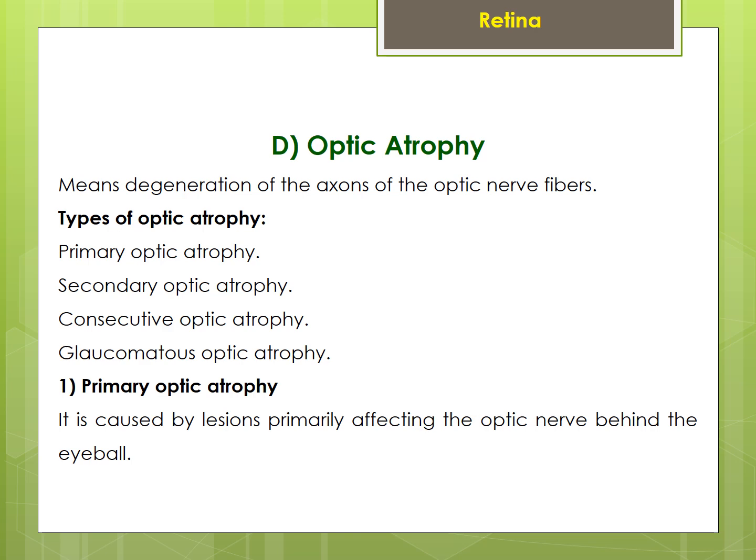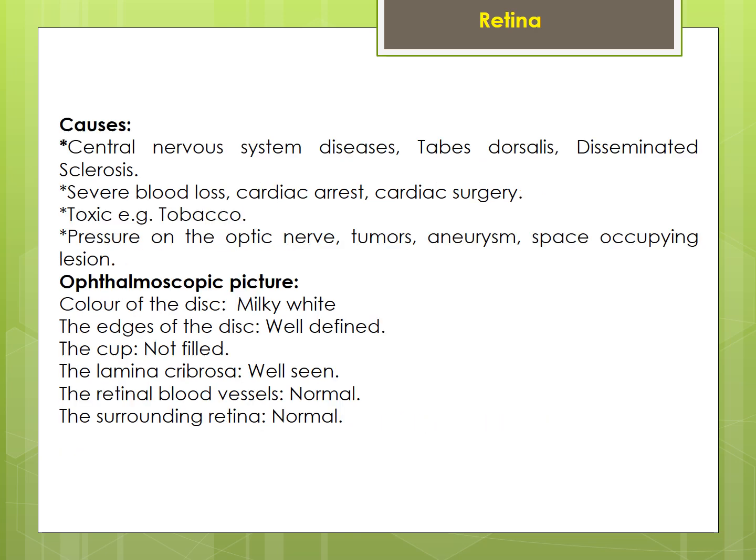Fourth topic is optic atrophy, which means the degeneration of the axons of the optic nerve fibers. Types: we have 4 types: primary, secondary, consecutive, and glaucomatous optic atrophy. The primary optic atrophy is caused by a lesion primarily affecting the optic nerve behind the eyeball.